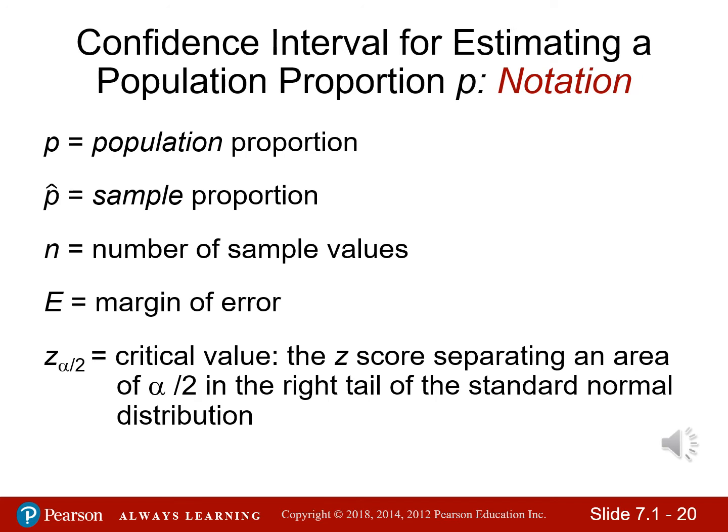P equals the population proportion, P hat equals the sample proportion, n is the number of sample values, capital E is the margin of error, and z to the alpha over 2 is the critical value. The z-score is separating an area of alpha over 2 in the right tail of the standard normal distribution.